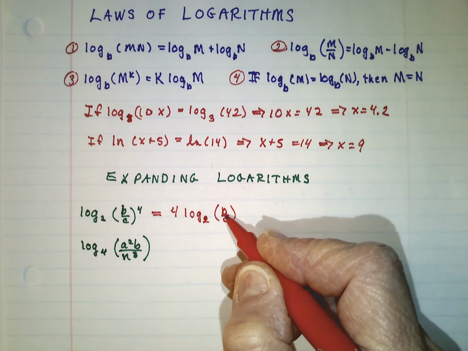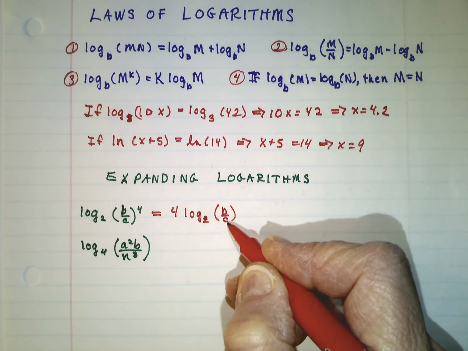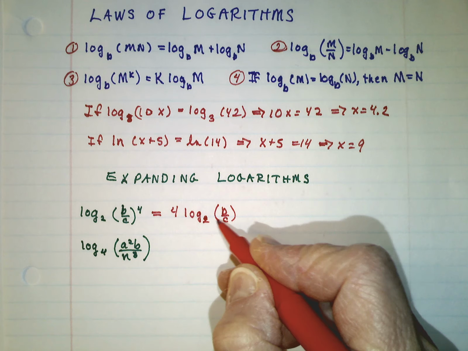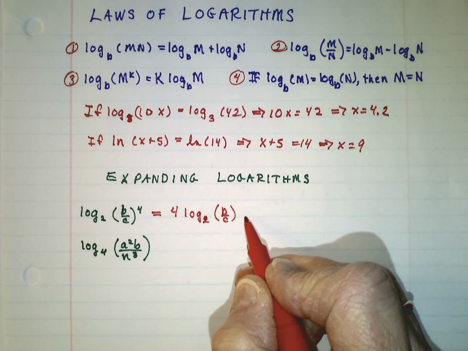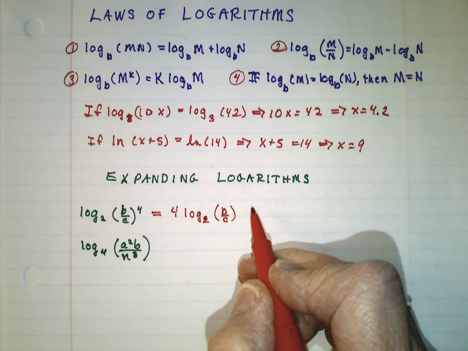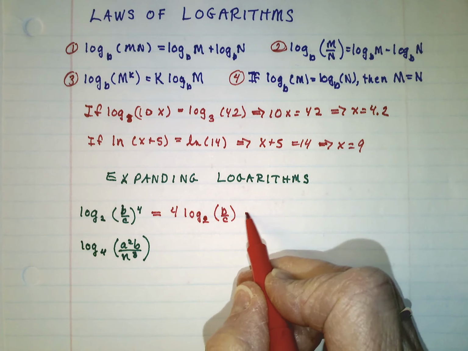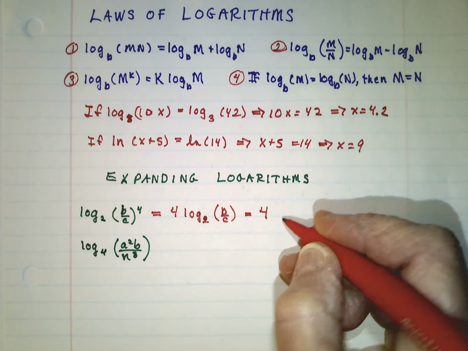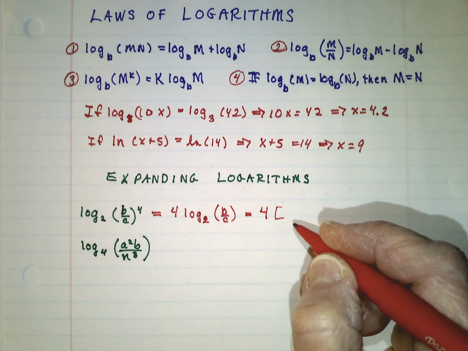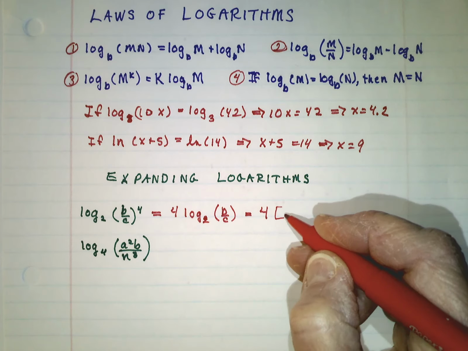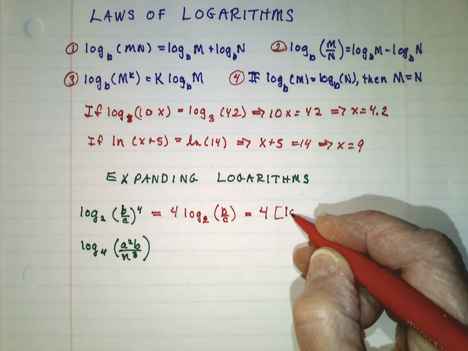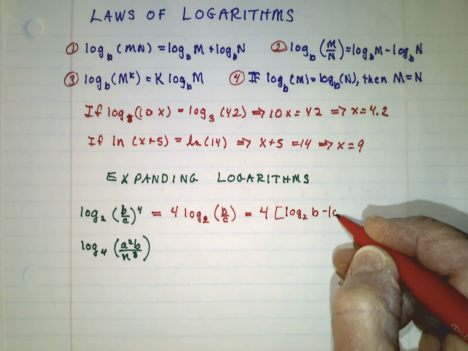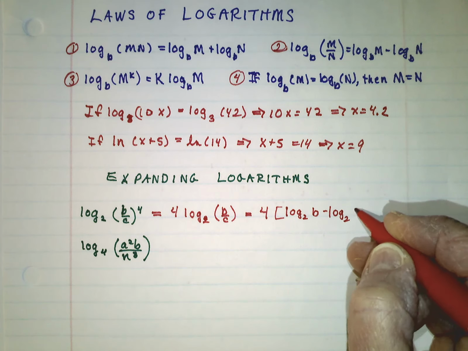And now, this is a division, and we can accomplish the division with powers of the same base if we subtract the exponents. So this is going to become 4 times, now I have to do an extra bracket here because it's going to be 4 times both parts, log base 2 of b minus log base 2 of c.